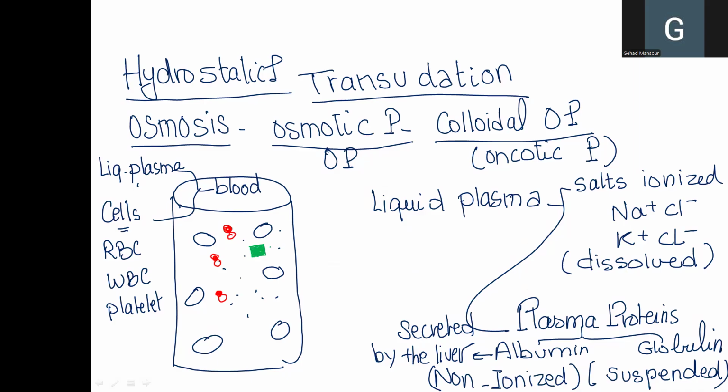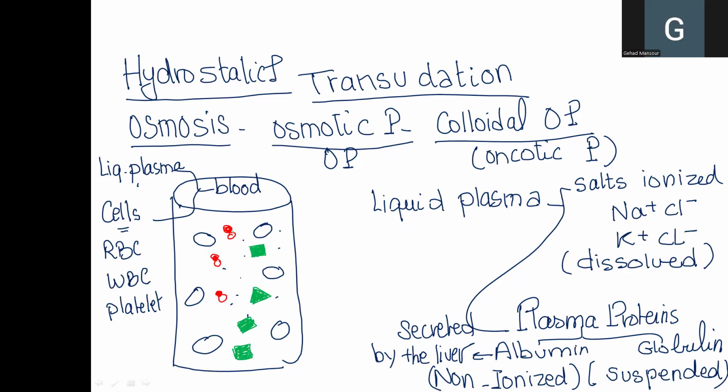Say, for example, this is albumin and this is globulin. They are much larger and they are not completely dissolved. We can see them suspended in blood. Of course, they are microscopic; we can see them with an electron microscope.